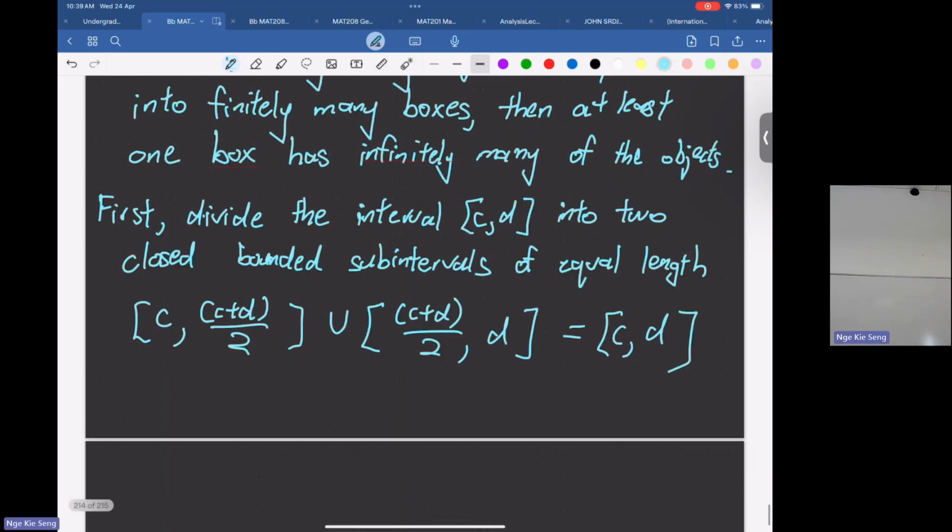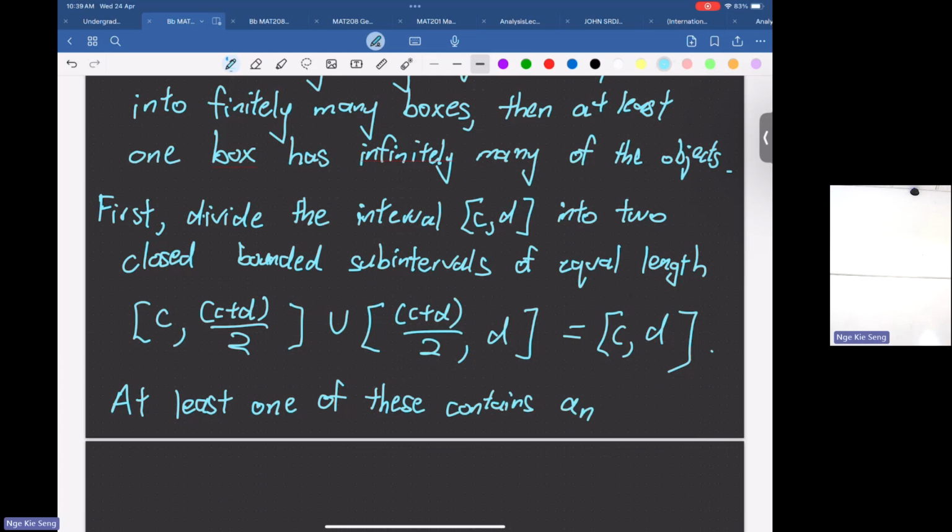At least one of these contains a_n for infinitely many n, and then we just pick one. If both of them are infinite, just pick any one.